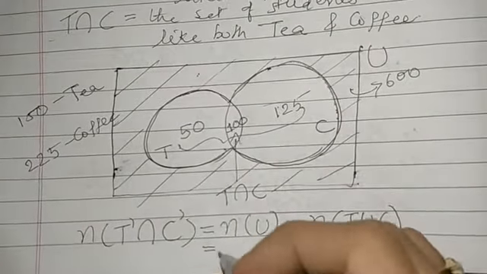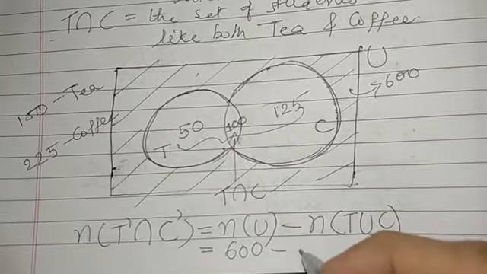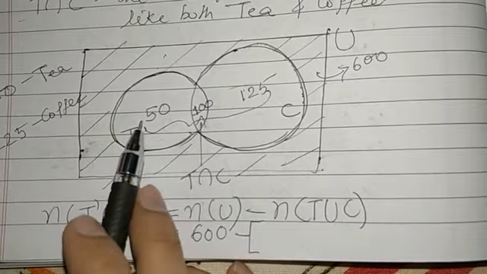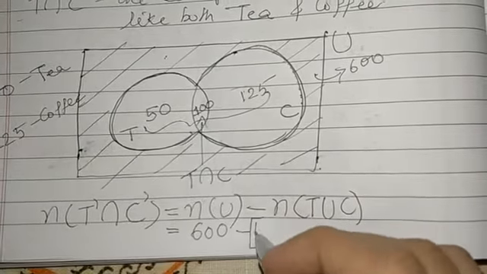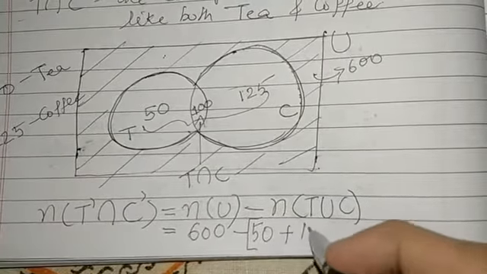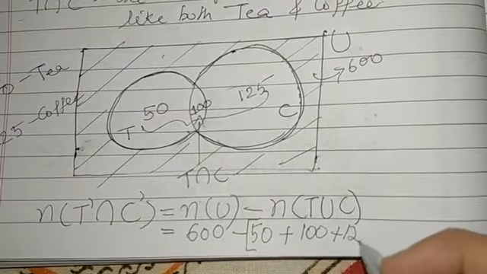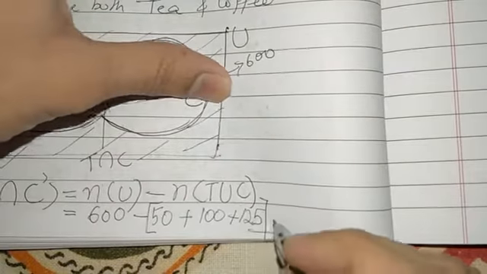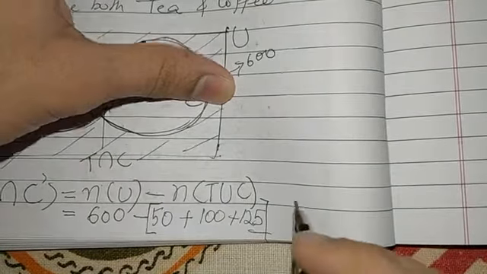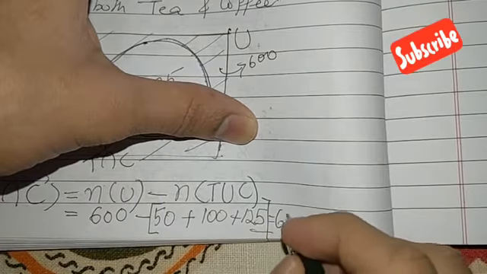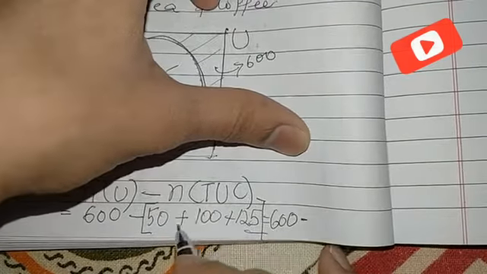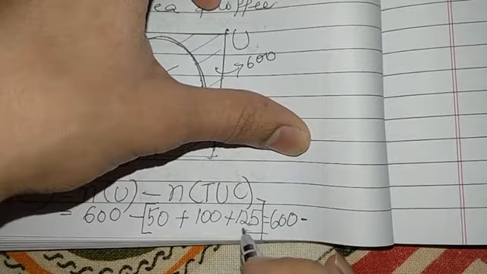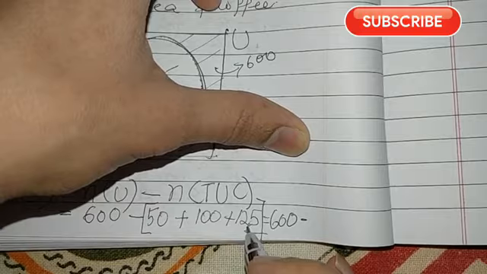So that is equal to 600 minus this. How many elements are there here? It is 50 plus 100 plus 125. If we calculate that, what will you get? 600 minus, 50 plus 100 is 150, 150 plus 125 is what? 275, right?